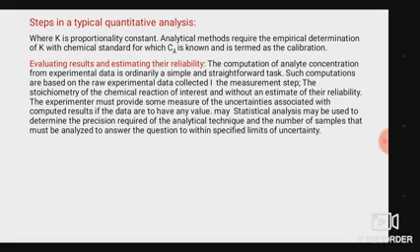They are based on the measurement steps, the stoichiometry of the chemical reaction of interest, and an estimate of their reliability. The experimenter must provide some measure of the uncertainties associated with the computed results if the data are to have any value. Statistical analysis may be used to determine the precision required of the analytical techniques and the number of samples that must be analyzed to answer the question within the specified limit of uncertainty.